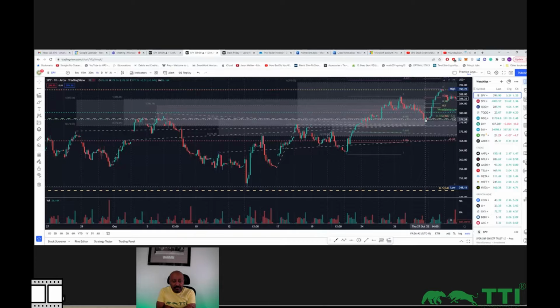And so I would essentially enter right here on this second green inverse hammer bar. With that in mind, I went back and tried to say, okay, previously when it retraced this much, how much did it reverse to the upside? I try to grab a couple of examples. This first one is right here.